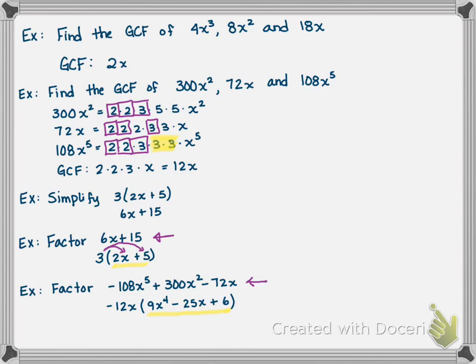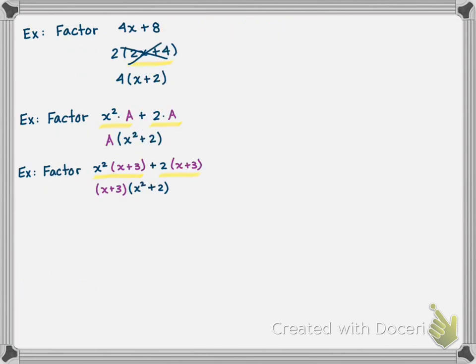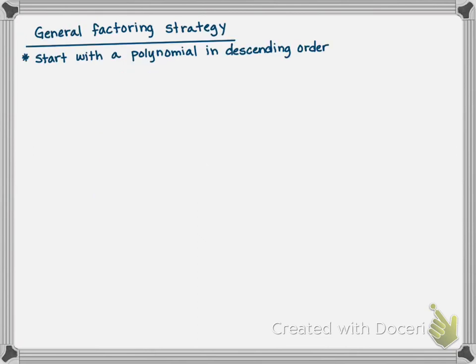It has nothing to do with the coefficients, so nothing to do with the numbers in front. It's all about the exponents, so how many variable factors there are. And then that 4x plus 8 is also in descending order. We have a degree 1 term and then a degree 0 term. And so if it's not in descending order, we'll put it in that order.